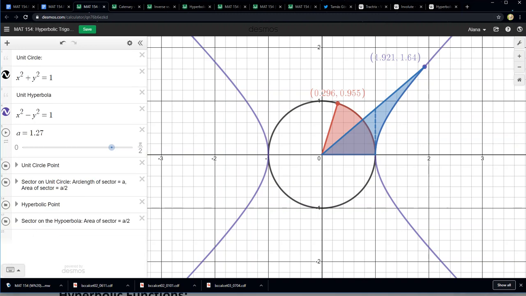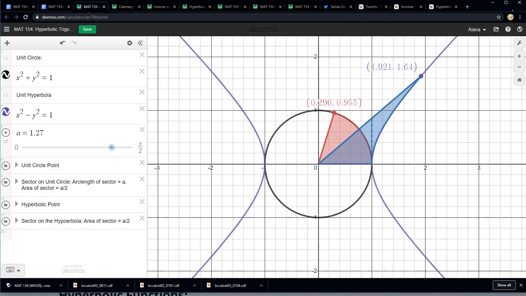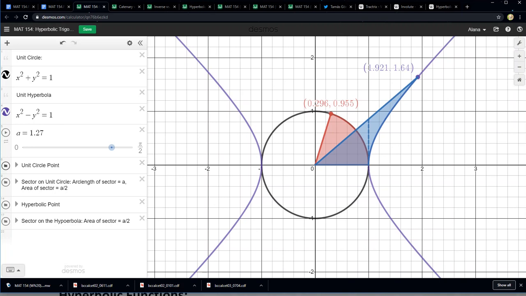The red ones here for the circle are cosine and sine values. So this point right here is giving you the cosine and the sine. But these points up here for the hyperbolic point, those are numbers too. So what do we call those? And they said, I know, we'll call them hyperbolic cosine and hyperbolic sine, cosh and sinh. And so that's what they named them.